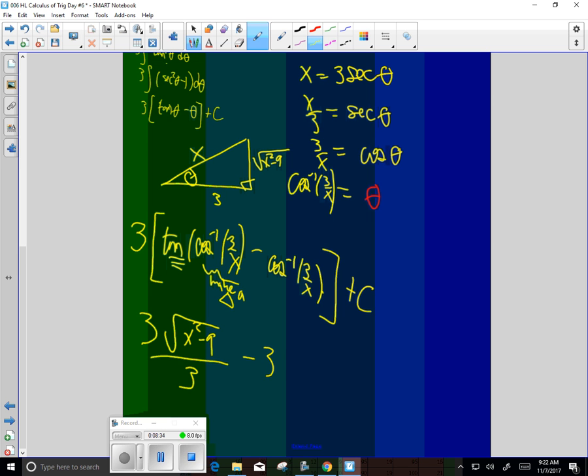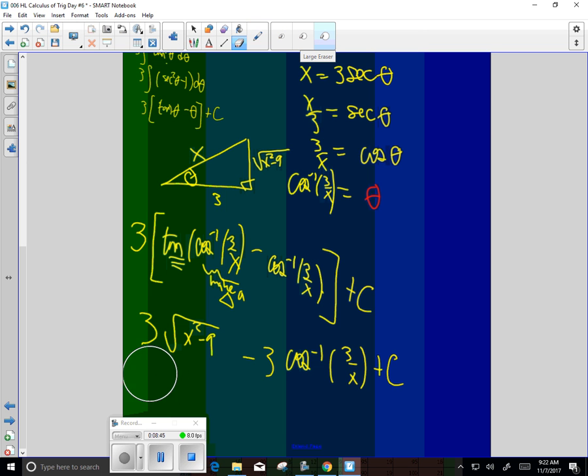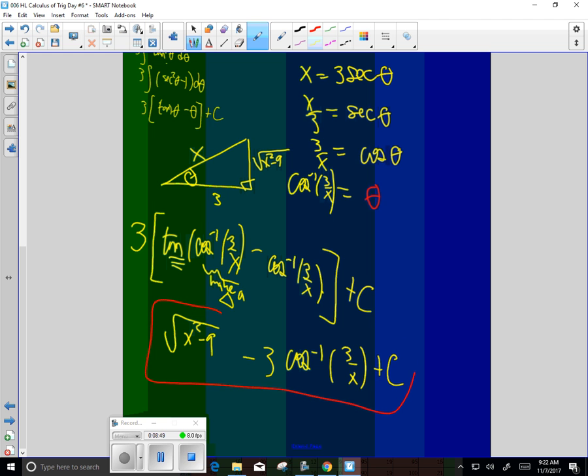Minus 3 times the cosine inverse of 3 over x plus c. And this simplifies a little, doesn't it? Yes. So you have to multiply by 3 secant theta tangent theta, because that's the derivative of x.